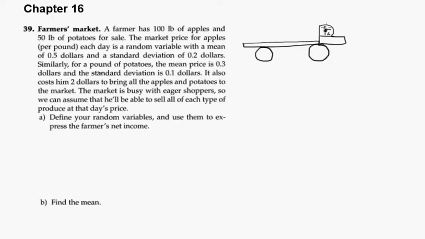He's a farmer, so he needs to have a hat on. And he's got some bins of apples. So he's got 100 pounds of apples. And then also on his truck, he's got 50 pounds of potatoes.